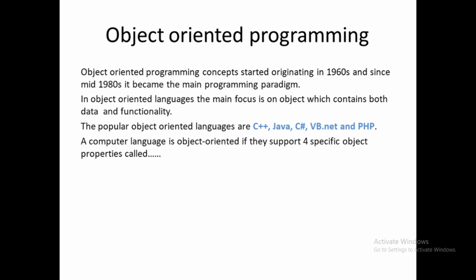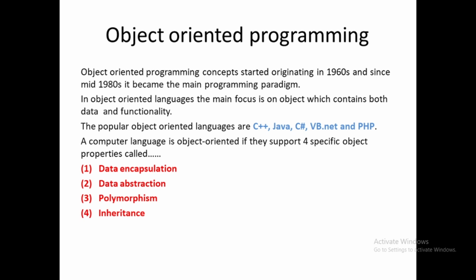A computer language is object oriented if it supports four specific object properties called data encapsulation, data abstraction, polymorphism, and inheritance. So remember, if any programming language is object oriented, then these four facilities must be available.